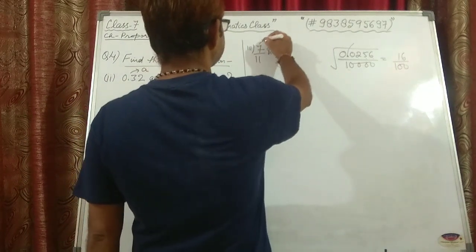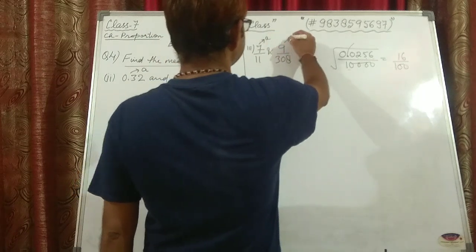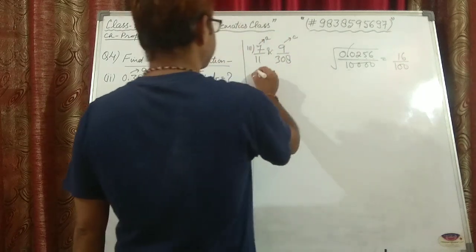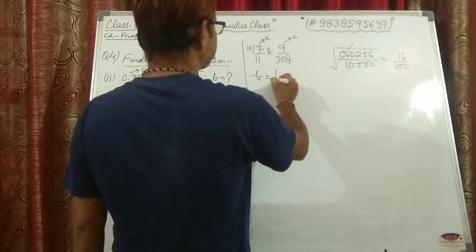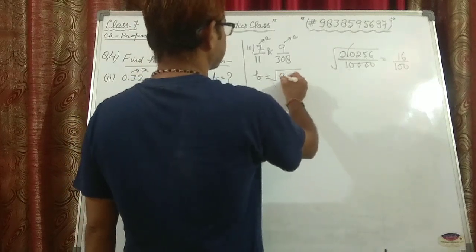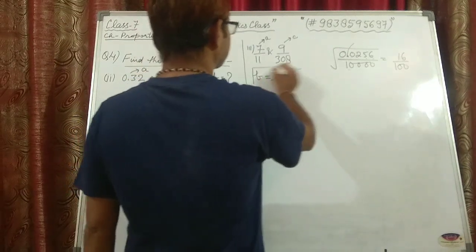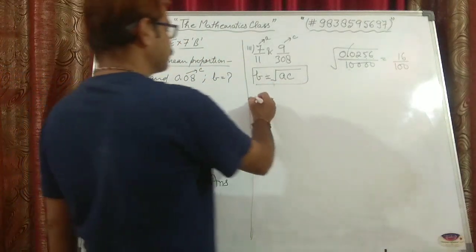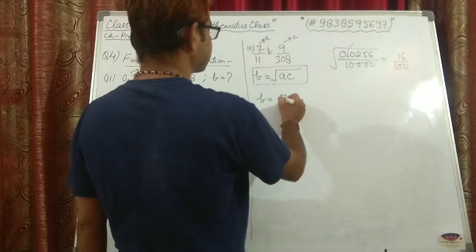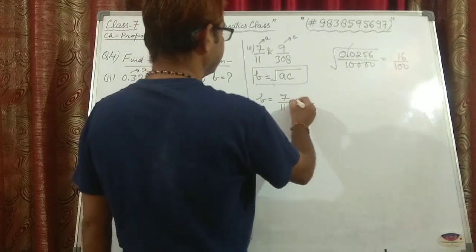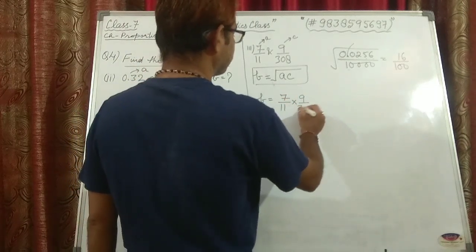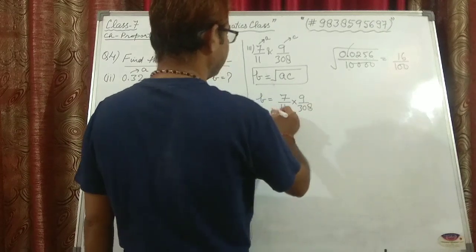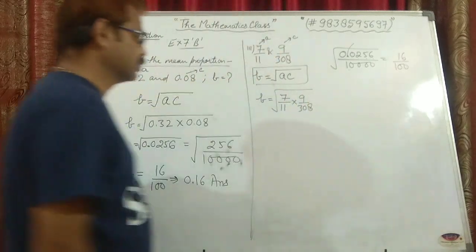Let us assume this as A, this as C, and we need to find B. You know B is the mean proportion. That means B is equal to under root AC. So it means B can be written as 7 upon 11 into 9 upon 308 in roots.